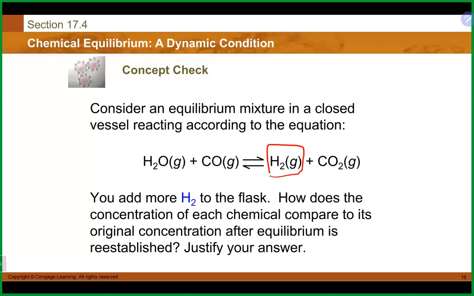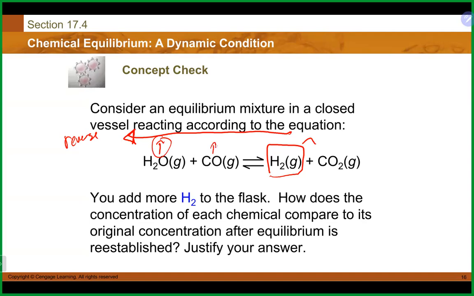Yeah, in this case, when we add more H2, we now have made actually more products available to each other. So these two are going to be able to react a lot quicker, and that's going to cause the reverse reaction to occur. And because of that, we should make more reactants. So we should see the H2O concentration go up.